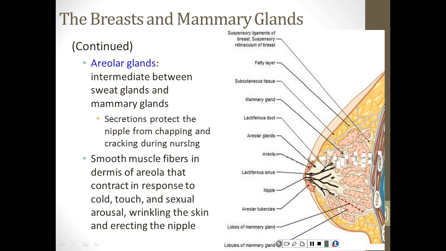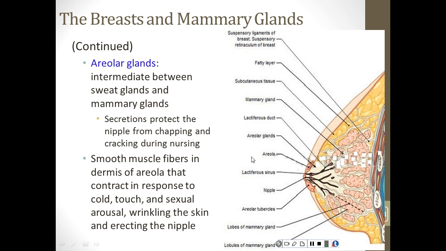Oh, here it is right here. Alright, so here are the areolar glands right in here. And here are our mammary glands. There's our sebaceous tissue, our fatty tissue. And here, the lobes of the mammary glands. And here is our areola.